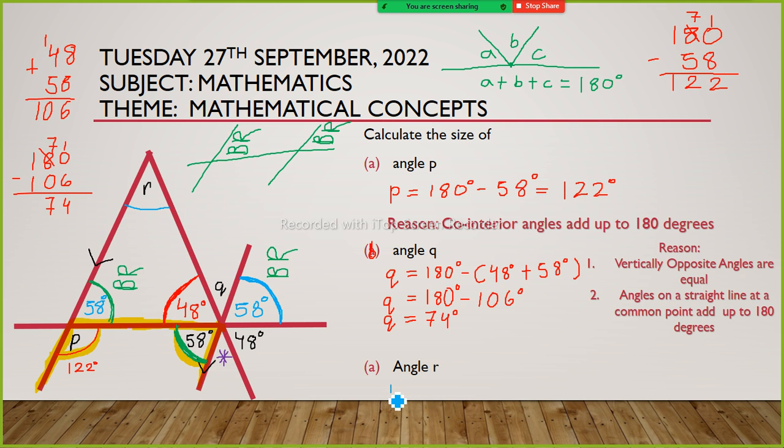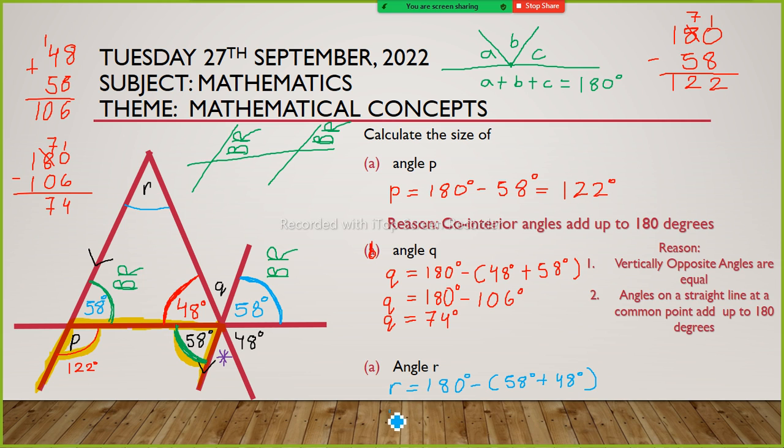So in order to get angle R, it's going to be equal to 180 degrees minus 58 plus 48 degrees.